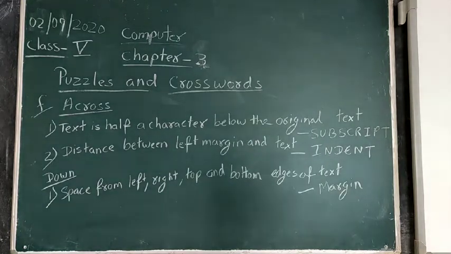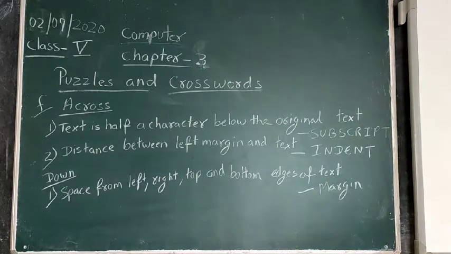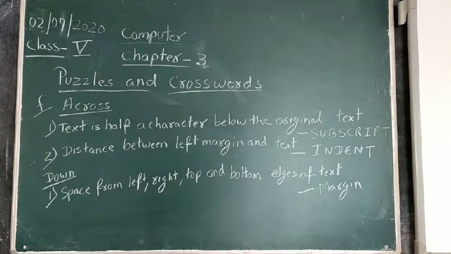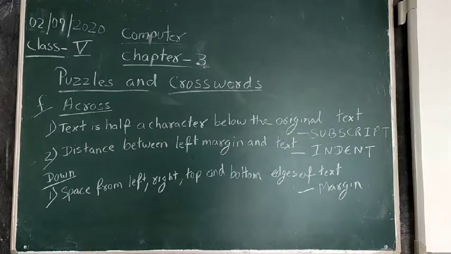A text that is half a character below the original text: the correct answer is subscript. The distance between the left margin of the page and the text written there is known as indent.